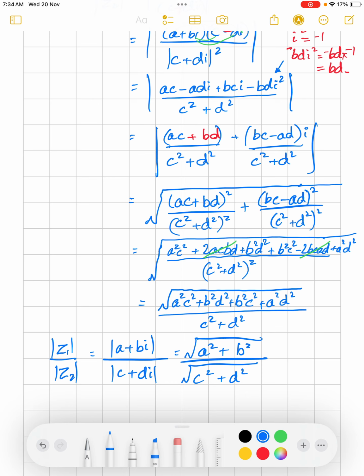Now, to see if they're both the same, what we've got underneath is the square root of C squared plus D squared. And on the left-hand side, we've only got C squared plus D squared.